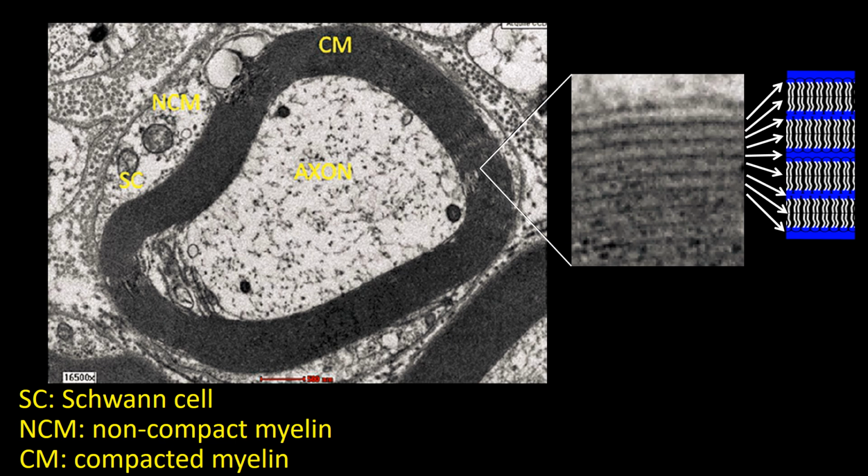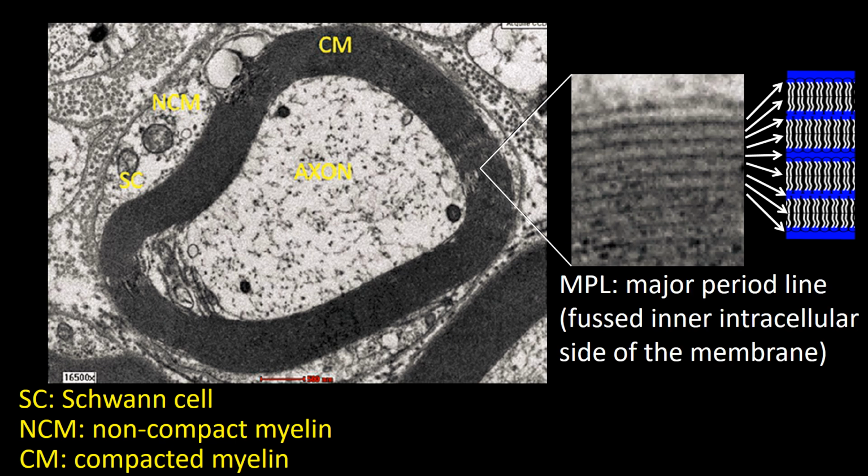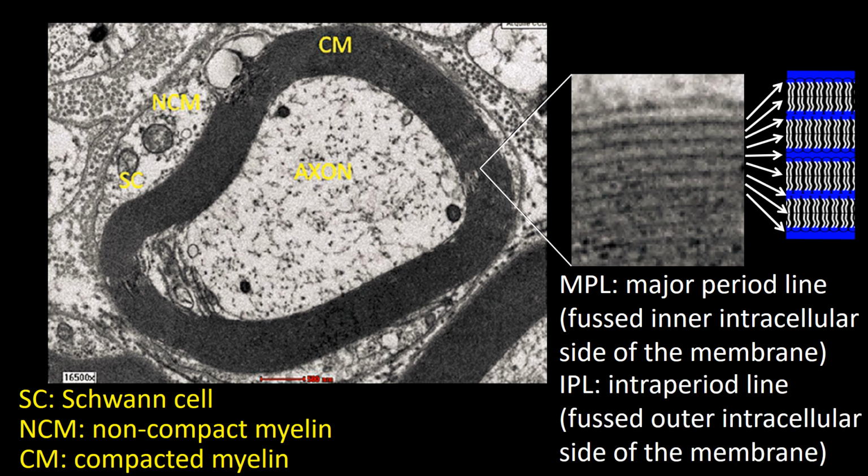The darker lines correspond to major period lines and intraperiod lines. The lighter colored bands correspond to the lipid tails of the cell membrane. This description is based on the reference shown below.